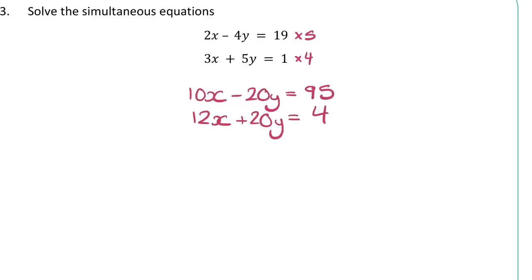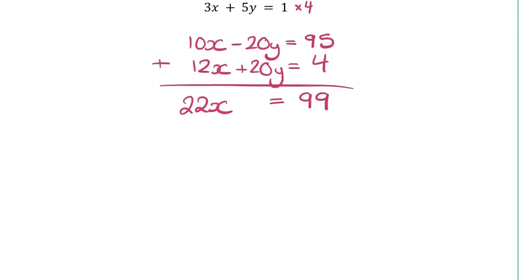In this case, they're not. So we add these two equations together. That gives us 22x is equal to, the y's cancel each other out, 99. That would have been very nice if it was 88 or something like that, but the 22 doesn't perfectly go into 99, but not a problem. We will write it as a fraction. We'll divide by 22.